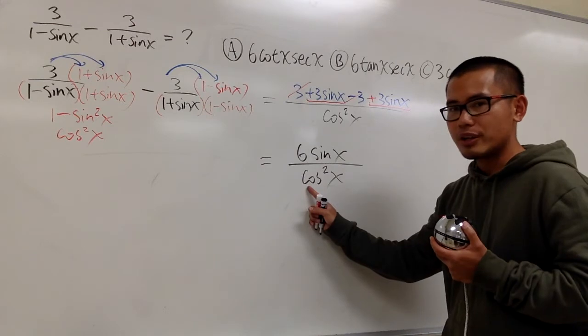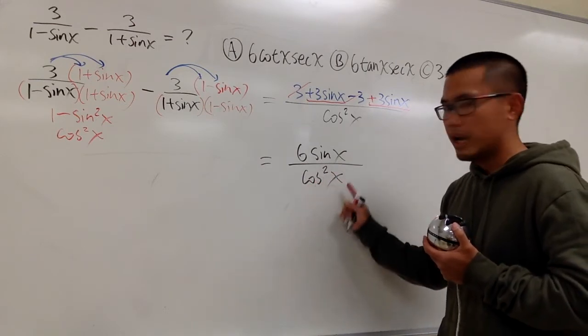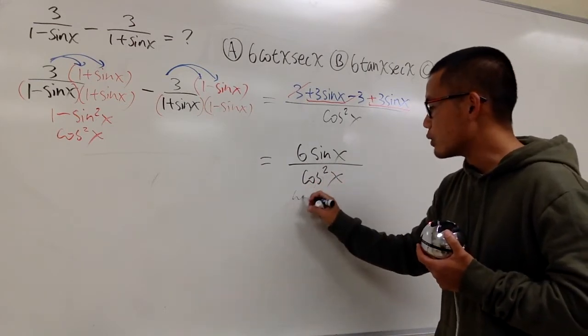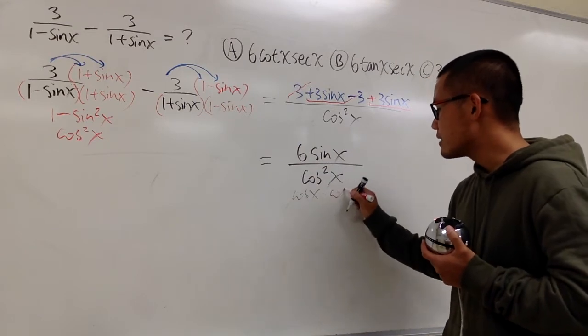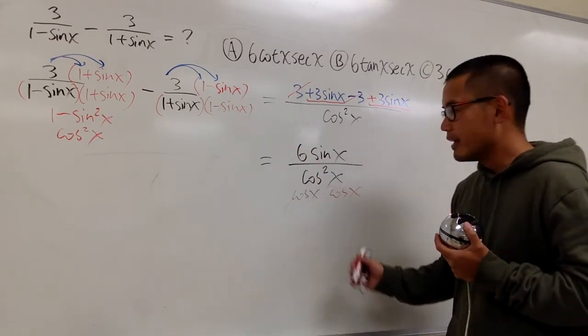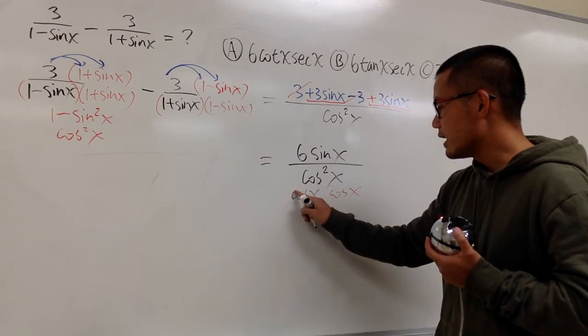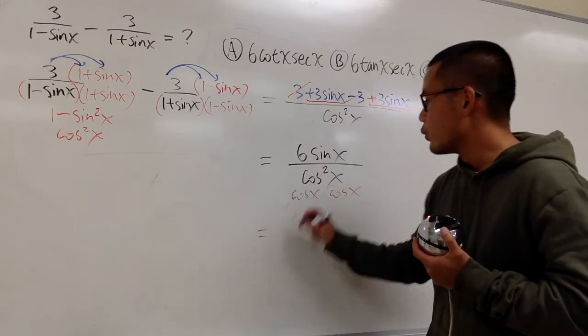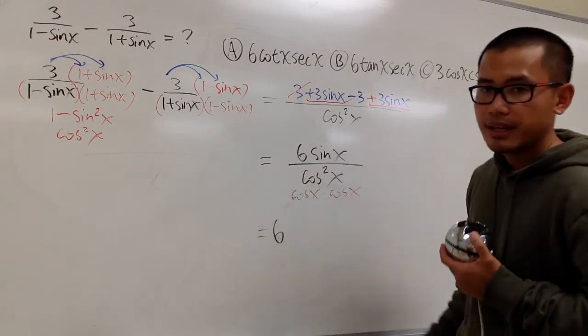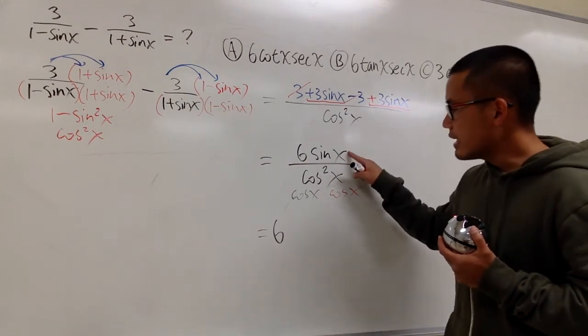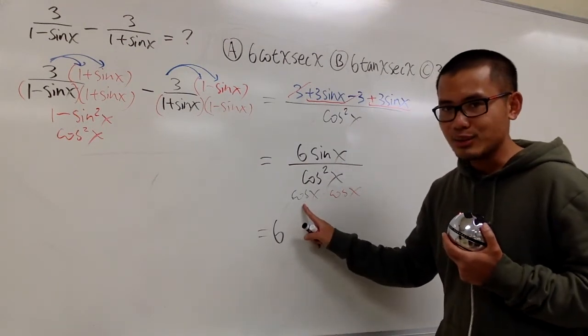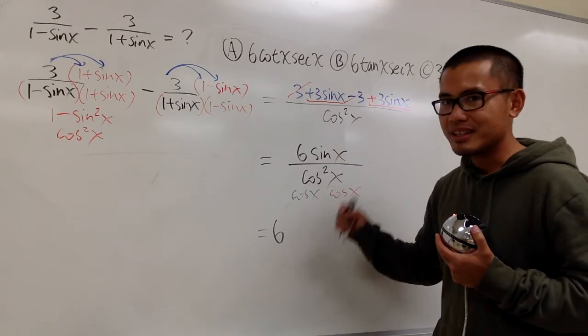Well, look at this right here. This is cosine square x, which is the same as saying cosine x times another cosine x, isn't it? And we can break down the fraction as follows. Well, we have the 6 all the way in the front. And check this out. Sine x over cosine x is what? Sine over cosine is tangent.